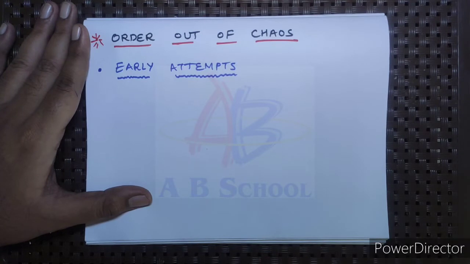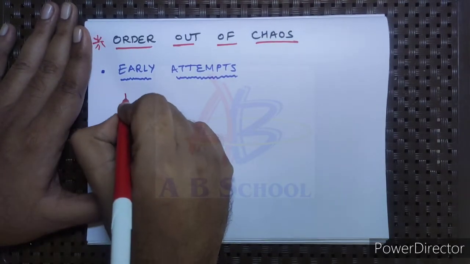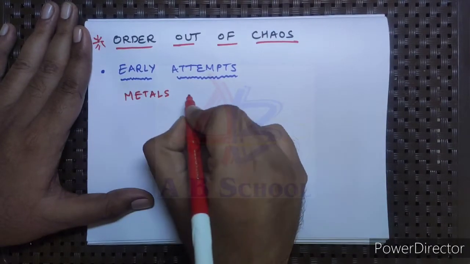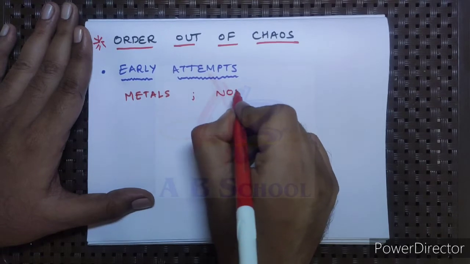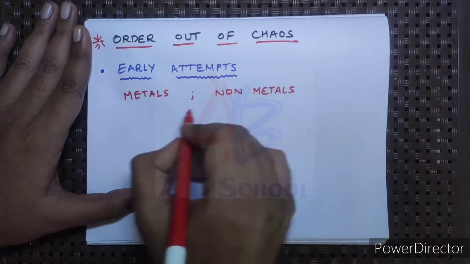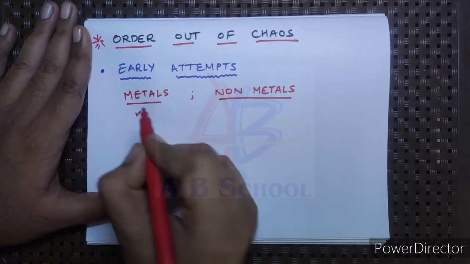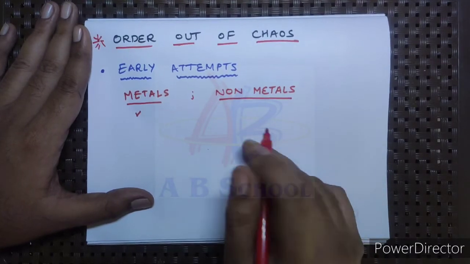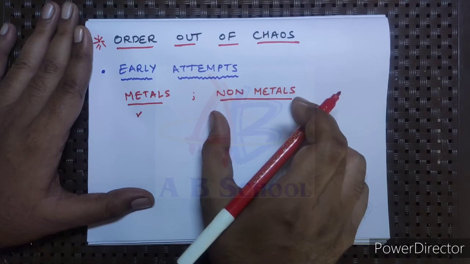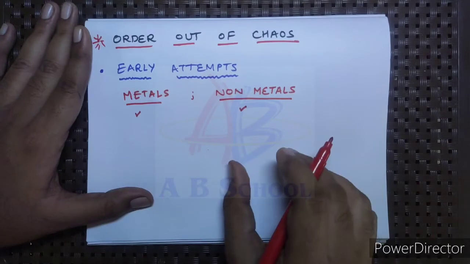Earlier efforts made by humankind classified elements into roughly two parts based on their properties, which are metals and non-metals. Elements which had the property of donating electrons were called metals, and elements which had the property of gaining electrons were called non-metals.